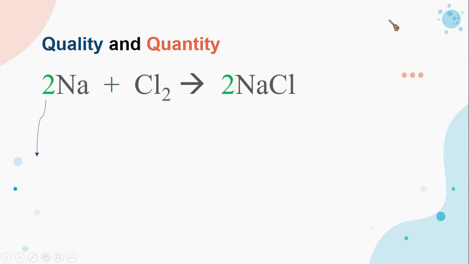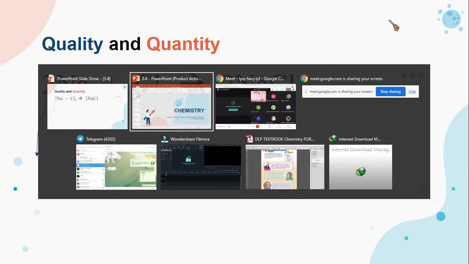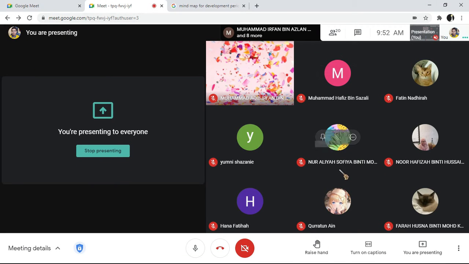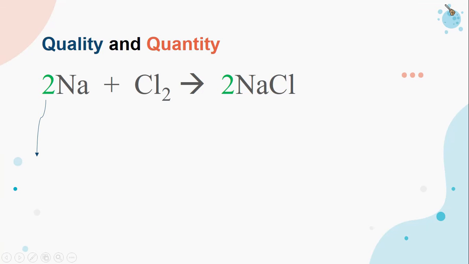Or I want to call anyone. Yeah, let me call somebody. In the Google Meet we have Kuratul Ain. Is Kuratul Ain here? Ain. Oh, Ain.